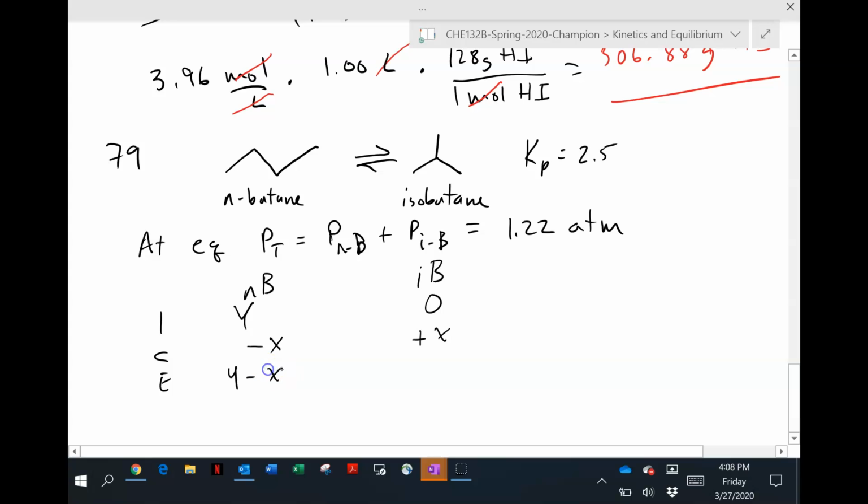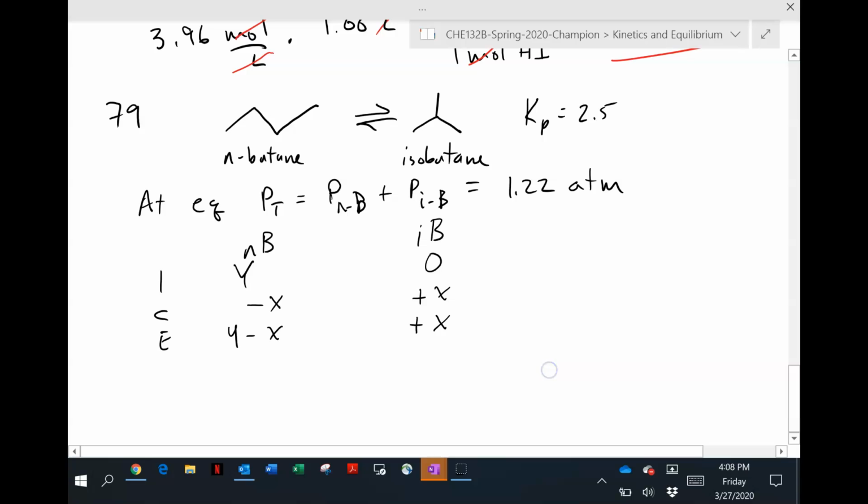So this would be Y minus X, and this would be X. And at equilibrium, my total pressure, P total, is PNB plus PIB. That's going to be Y minus X plus X. That's just Y. And so I've identified that the total pressure was 1.22 atmospheres, and that the initial pressure would have been 1.22 atmospheres. So now what I have to do is figure out what X is.